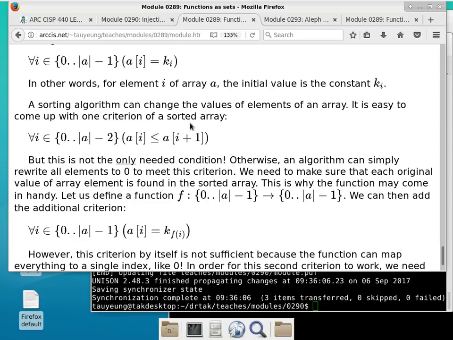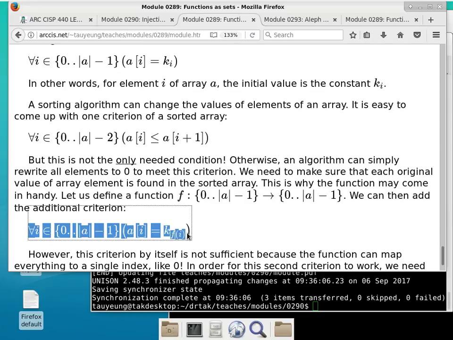So the key is now to say that, okay, we have a way to express that too. So we can say that we also want this to be true. In other words, for every index in the array, we want the final value of each element to be a constant corresponding to one of the original array elements. But this by itself is not enough either, because f of i may not be injective, right?